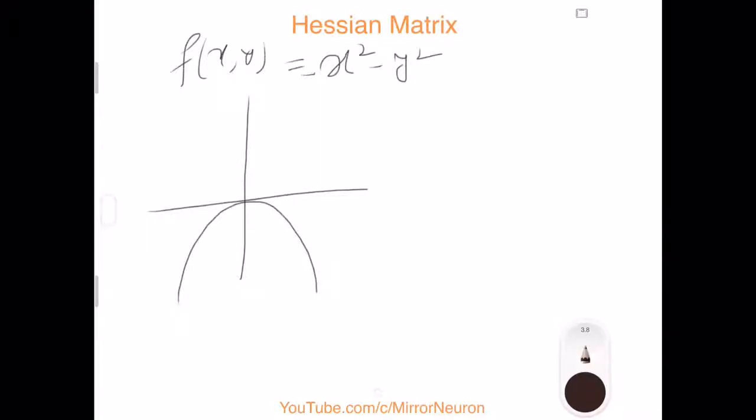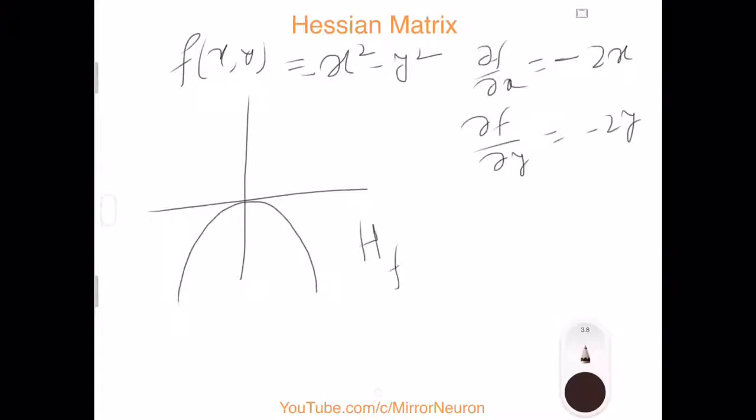Now df over dx is equal to minus 2x this time, and df over dy is minus 2y. If I create a Hessian matrix, I can quickly see that I get minus 2, 0, 0 and minus 2.